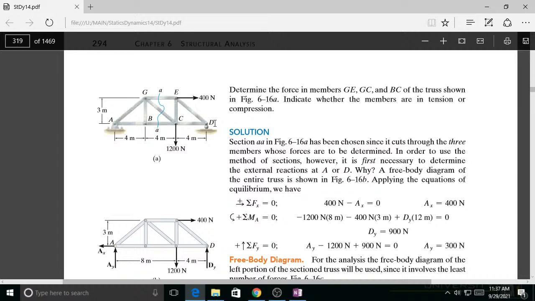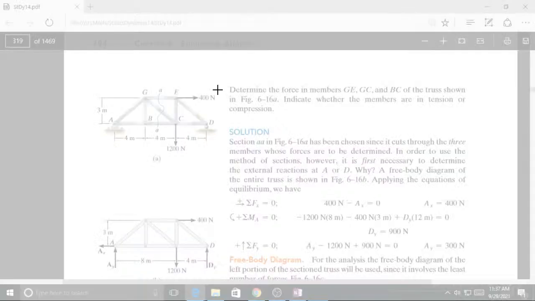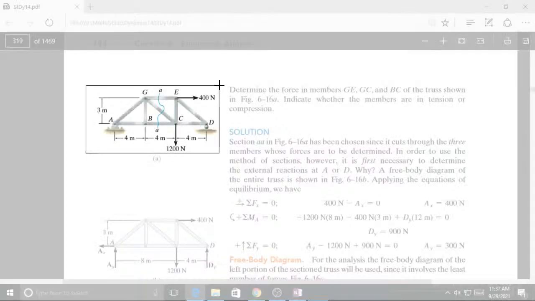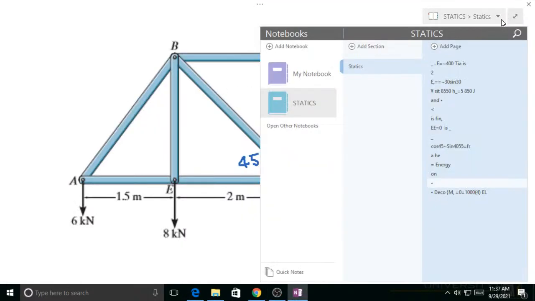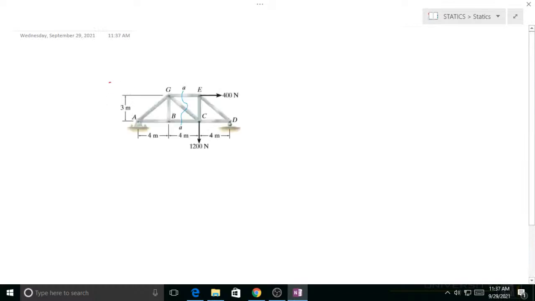You treat the whole object as though it's just a big rigid link. So I'm going to treat this whole object as though it's a big, rigid plate.